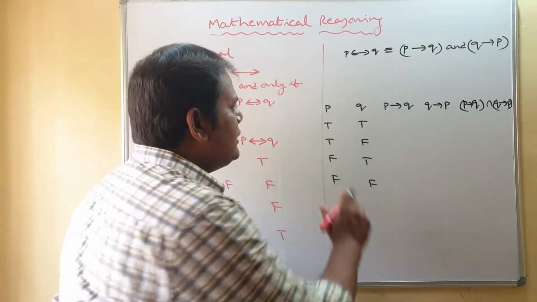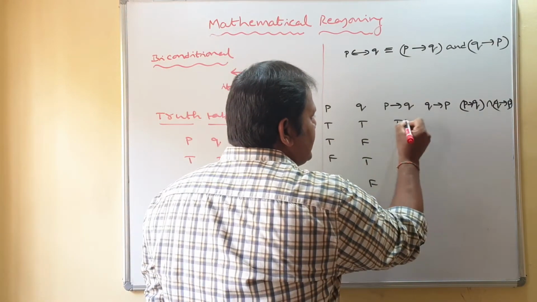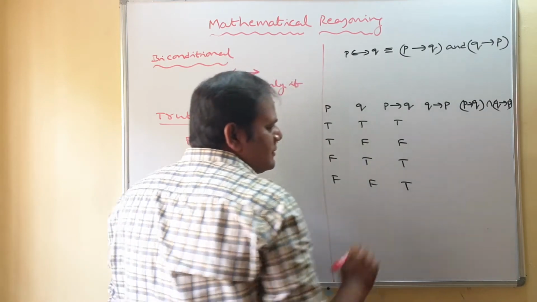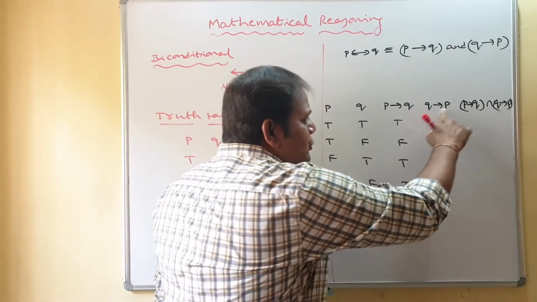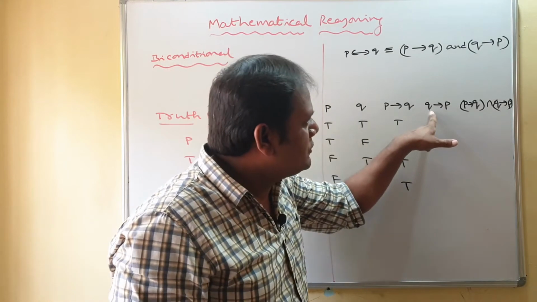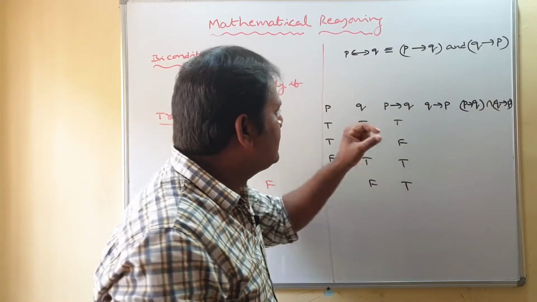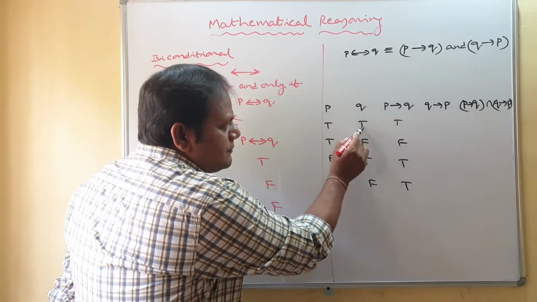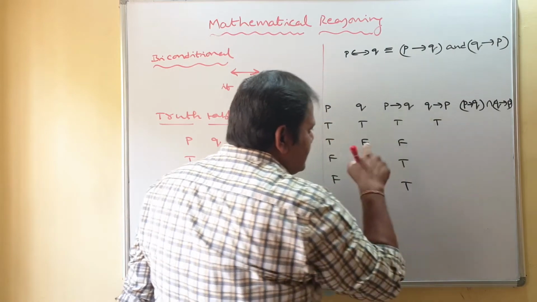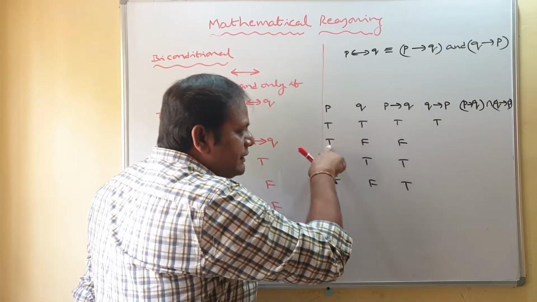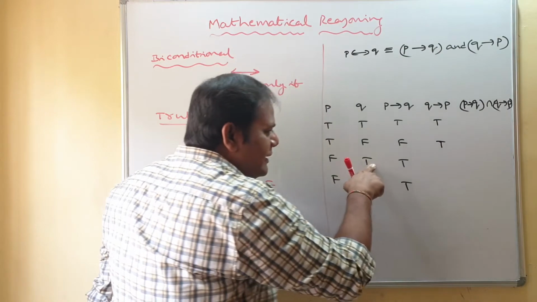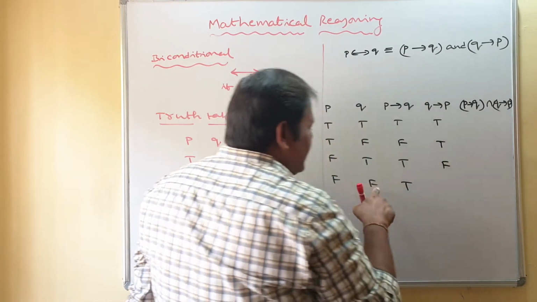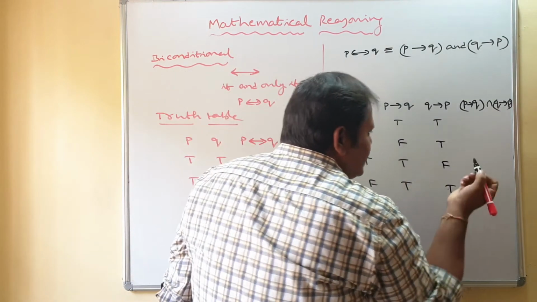So here TT gives T, TF gives F, FT gives T, FF gives T. Coming to Q then P, don't confuse. First Q, next P. So TT gives T, TF gives T, FT gives F, because you know that TF in implication is false, and FF gives T. That's all.